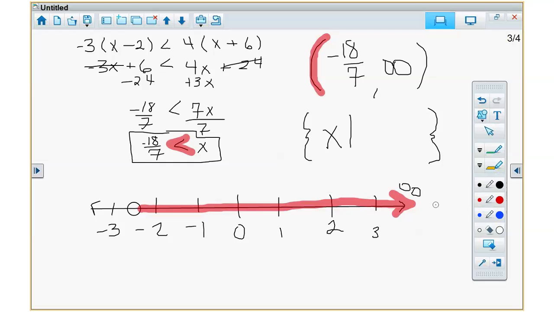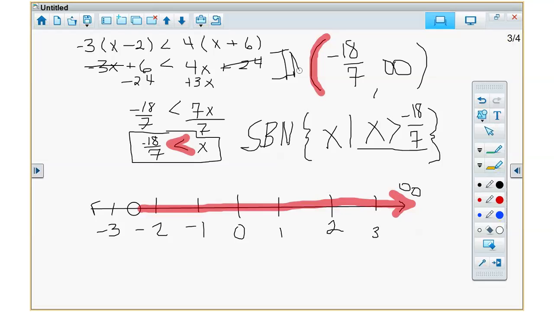And then take your answer right here and put it right here. X is greater than negative 18/7. And that's called set builder notation. This is called interval notation.